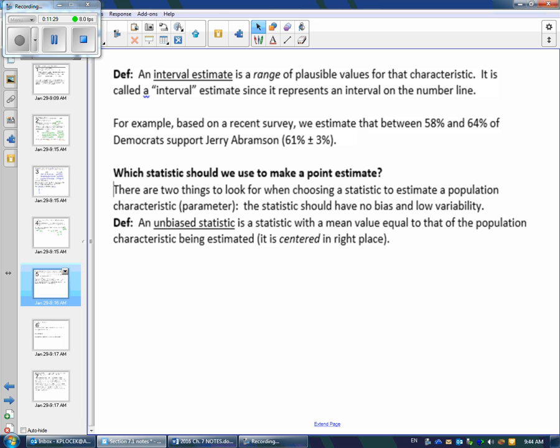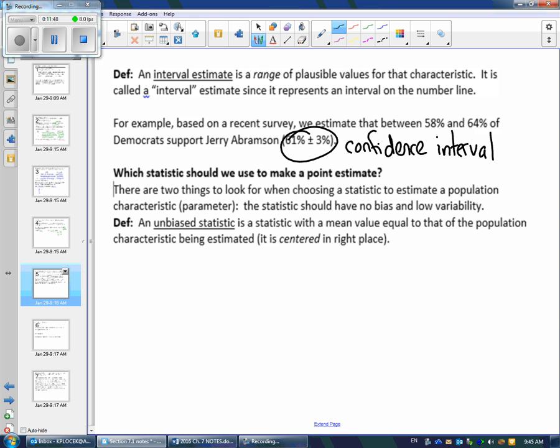Eventually, we'll get into this, and they've got a nice little name called confidence intervals. And we're going to be guessing at what the true value might be and saying how confident we are that the true value falls in a particular range.